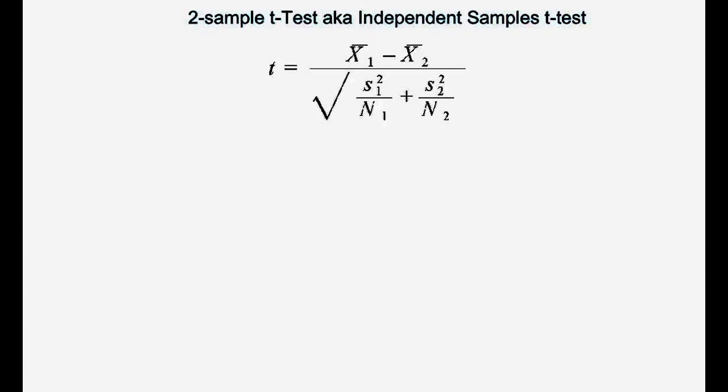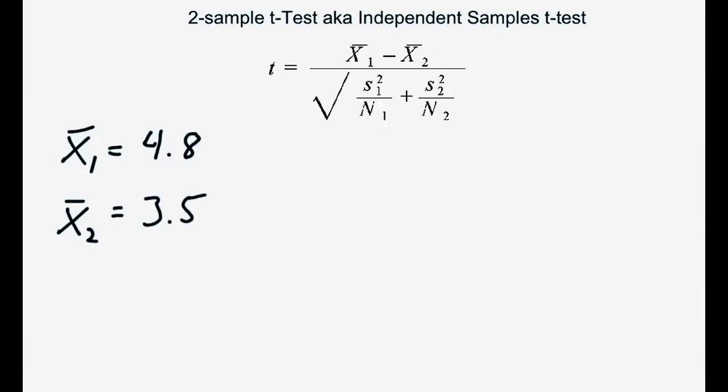like this. So when we did the warm-cold study, we concluded that group 1, which had a mean of 4.8, was significantly different from group 2, which had a mean of 3.5. Essentially what we're saying is that those two samples came from different populations.